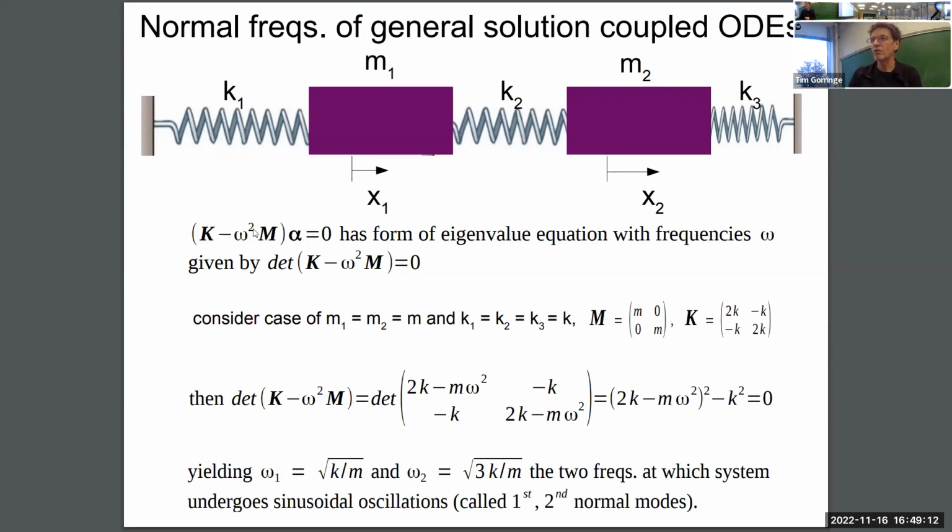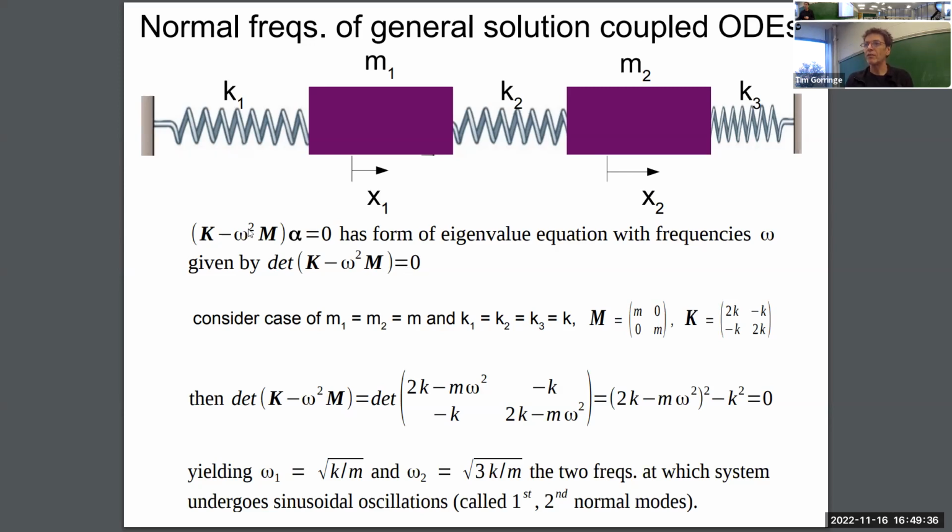Okay, so I want to solve this little expression here. And this looks like an eigenvalue equation, or a generalized eigenvalue equation. And I can find the frequencies that solve this equation by just setting the determinant of this quantity in parentheses equal to 0.